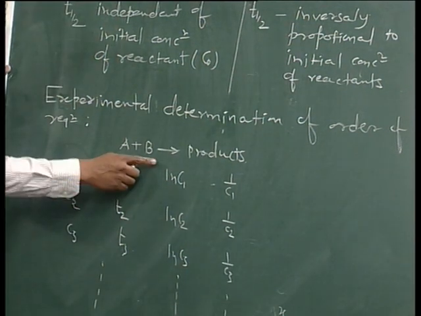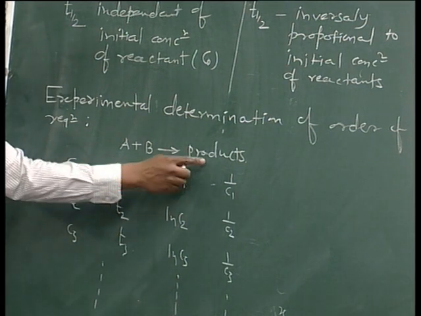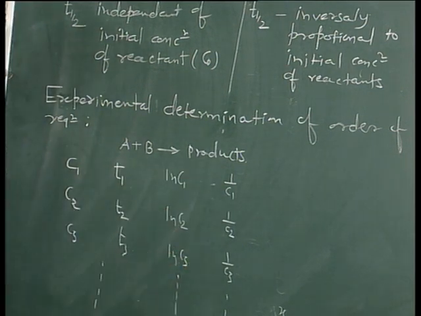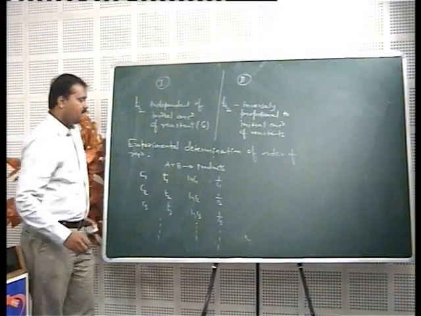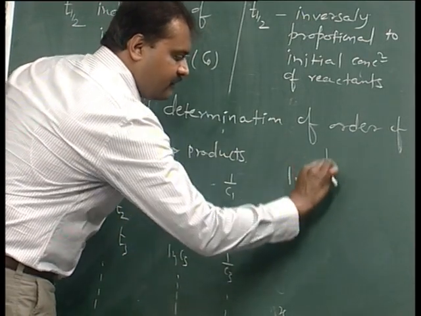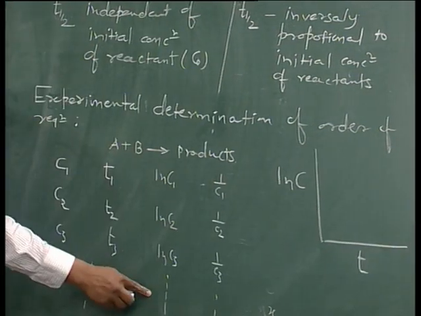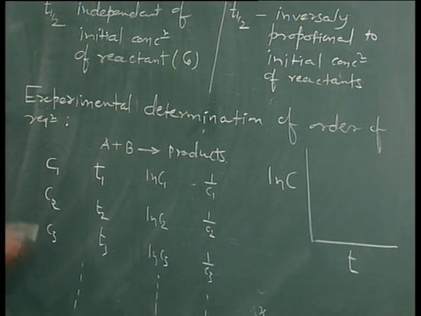That means we now have ln of C as well as 1 by C for different values. So we can plot two graphs from these values. The first graph will be of ln C as a function of time. That means these values against these values.